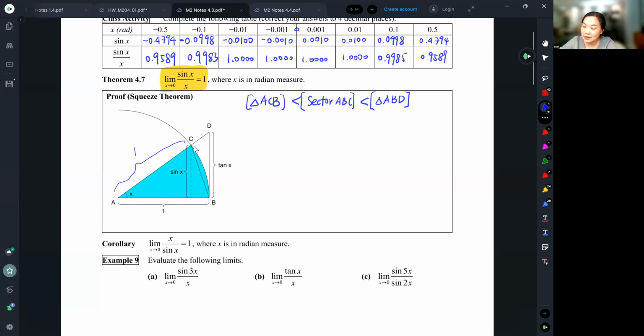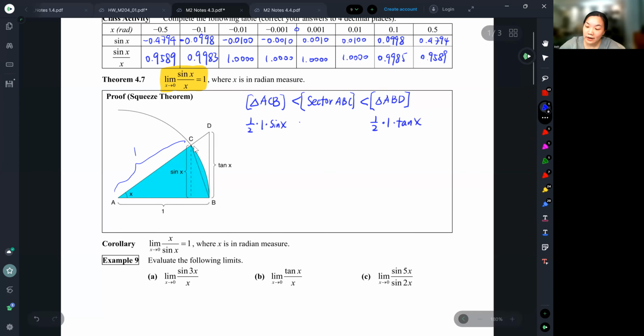ACB is base times height, which is 1/2 times 1 times sine x. Okay, now ABD is 1/2 times base times height, which is this.